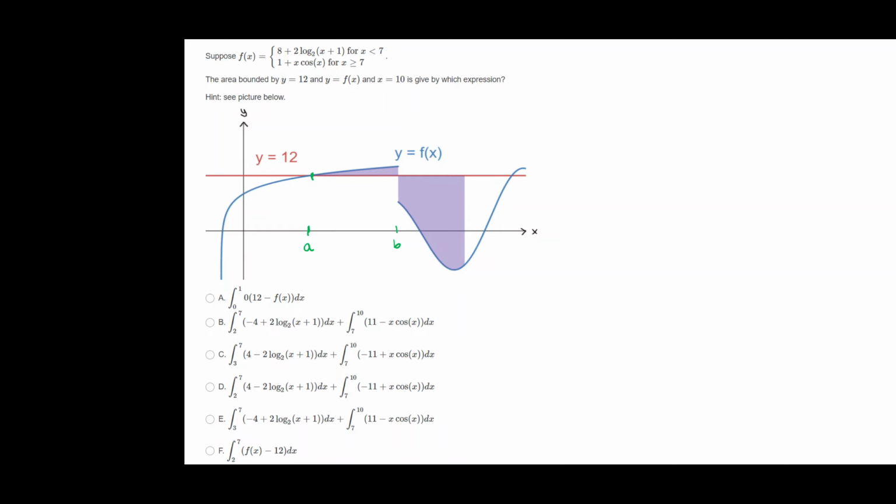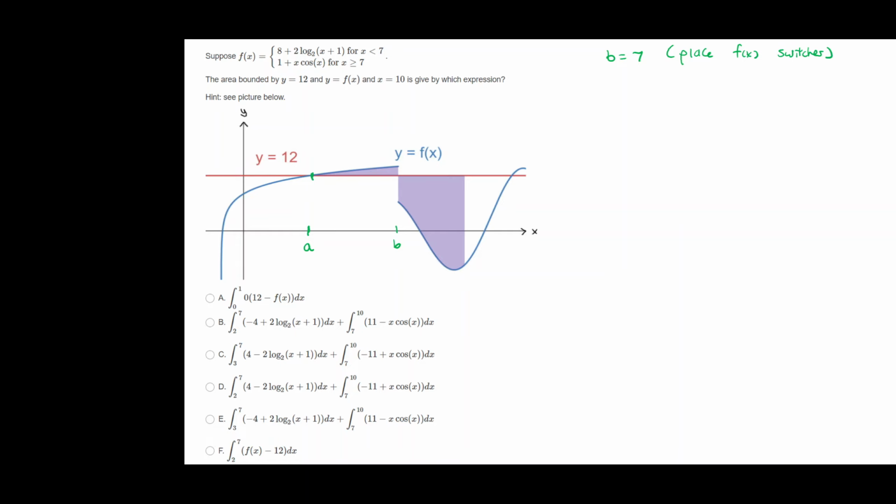That's where the piecewise function switches. We could tell this piecewise function switches at 7 from f of x up above. That means that B is going to be equal to 7. So I'll write that down: the place f of x switches.